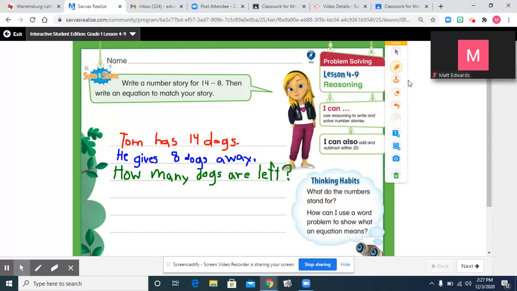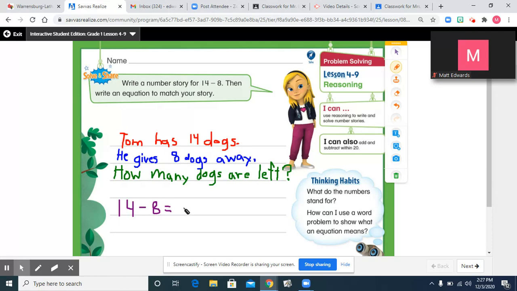Okay, now the directions say that we have to write an equation for our story. So they already give us part of our equation, which is in the directions. So it is 14 minus the 8 dogs that he gave away. That equals. Now you can use your number line, your number grid, anything that you want in order to figure out what 14 minus 8 is.